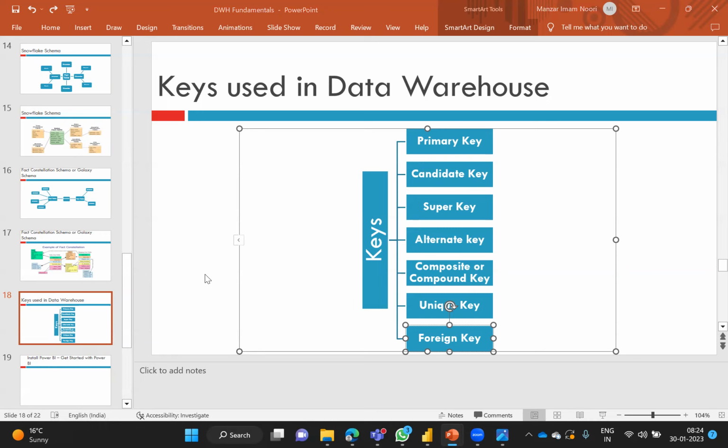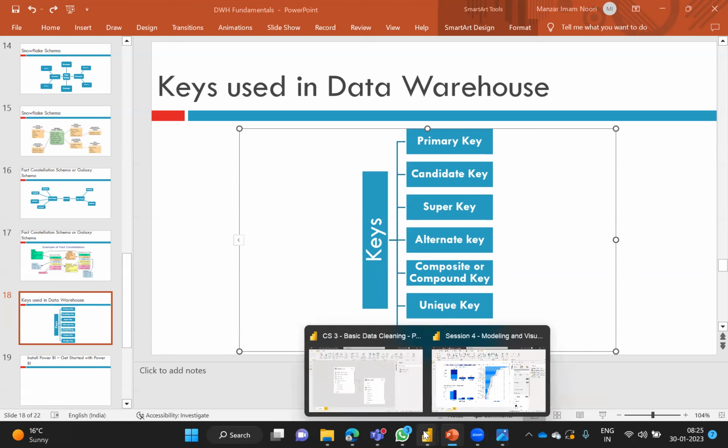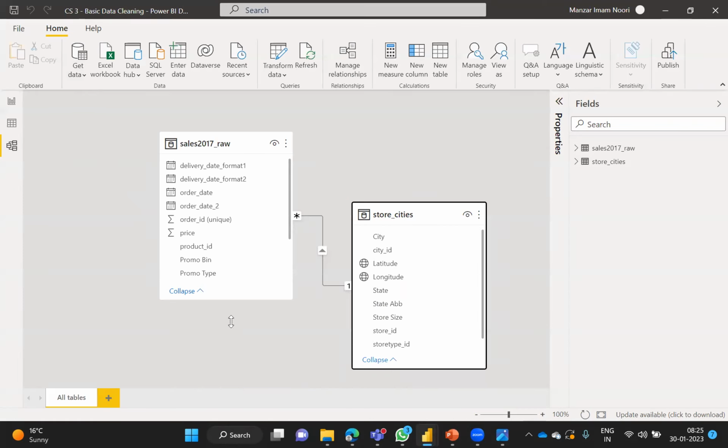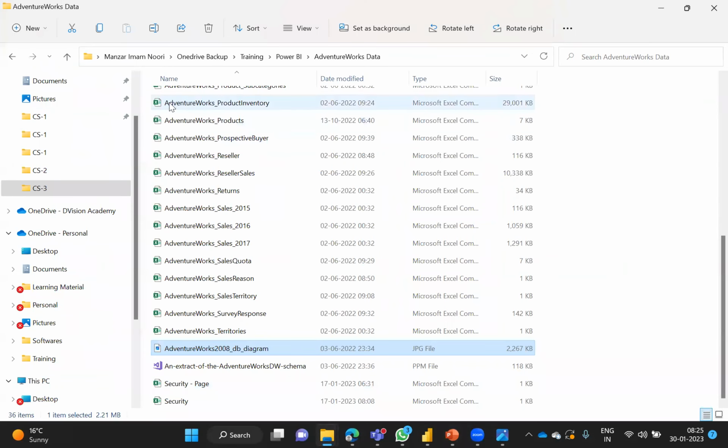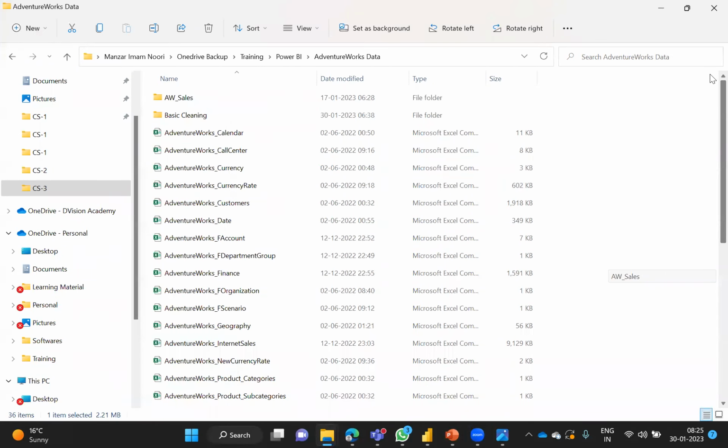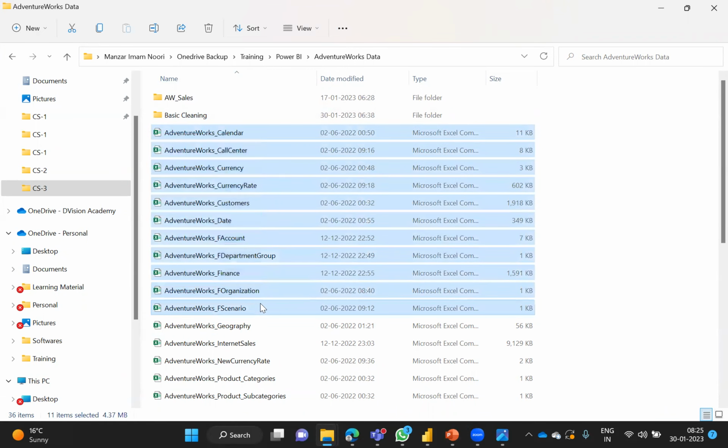We'll start working on the data modeling. As mentioned before, we are going to use the Adventure Works data sets. Here we have these tables, and I will share all of these tables with you. Whichever tables are used in the classes, I will keep sharing that data so that you can use it.